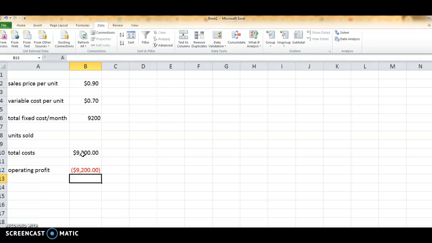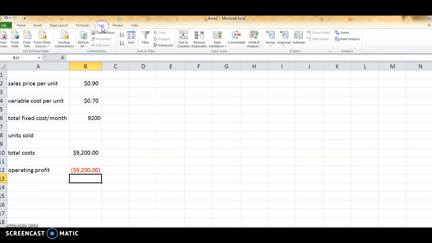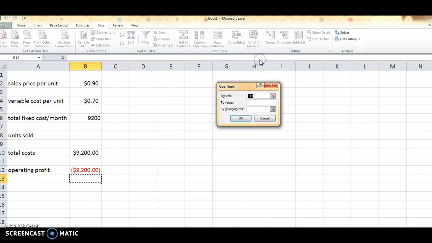So the first part of the problem says what volume per month is needed in order to break even. So what I need to do, for me, I'm in Excel 2010, so I find this under the data ribbon, and it's called What If Analysis, and again the tool is Goal Seeker. The Goal Seeker asks me what cell I am looking to have for my objective function.